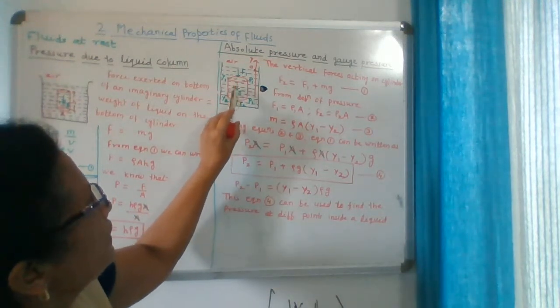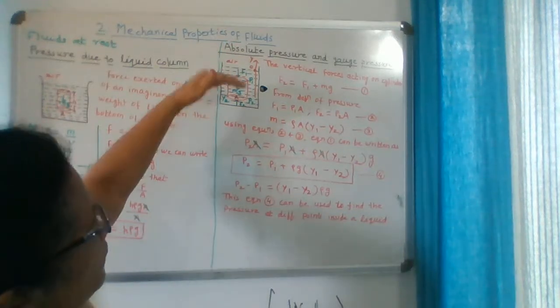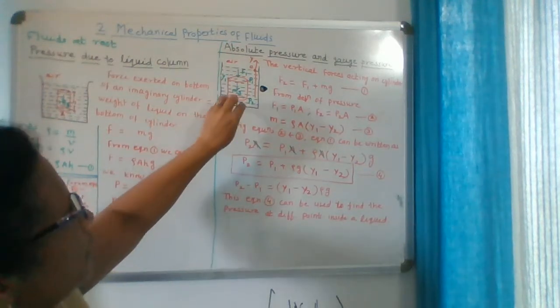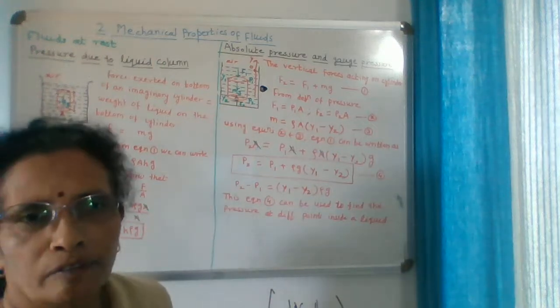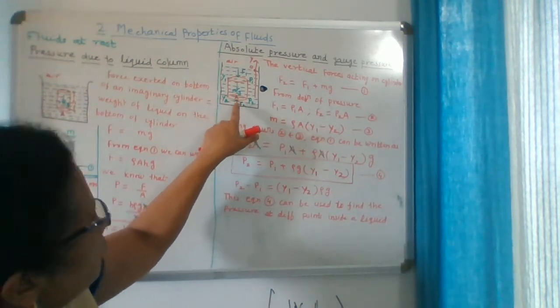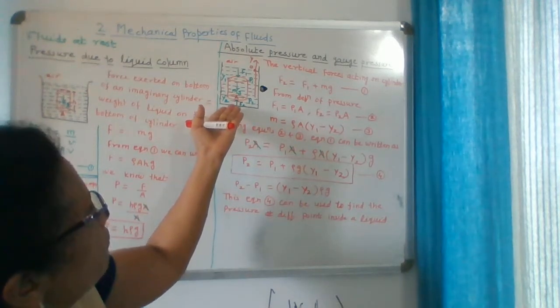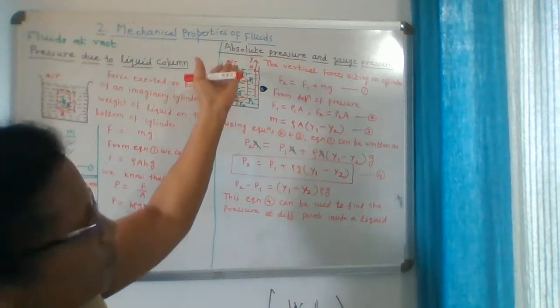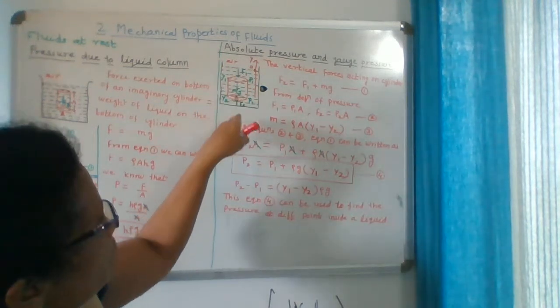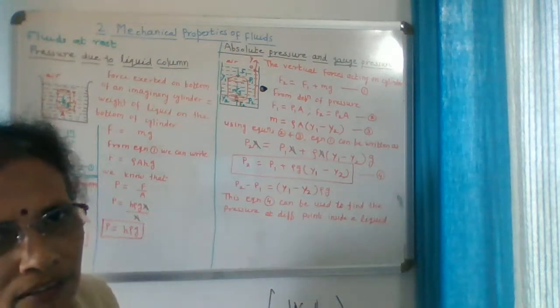Now inside the cylinder there is water or fluid, which produces pressure in the downward direction, towards the bottom of the cylinder. At the bottom of the cylinder, the fluid below this cross-sectional area will experience a force in the upward direction.